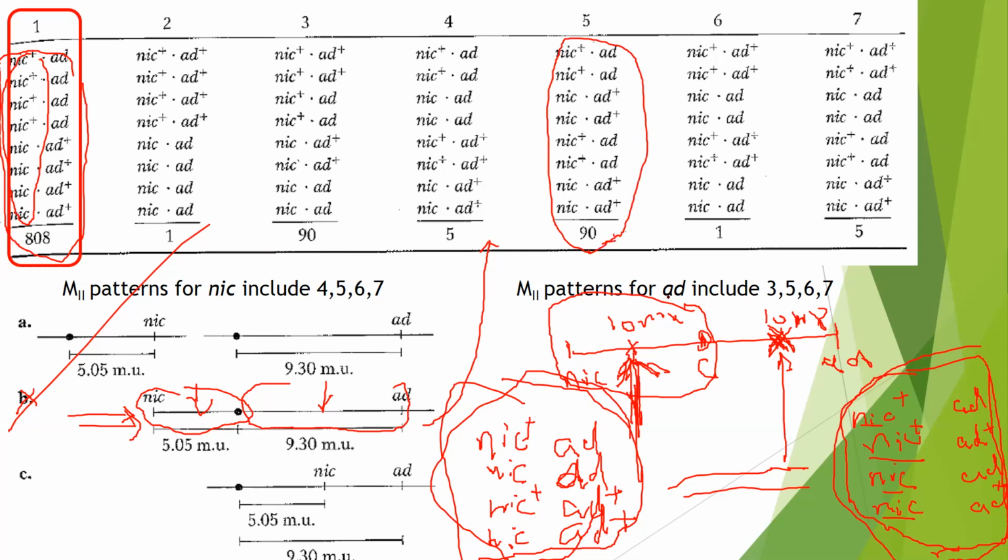I see. Because we do not see any of the other types, Nick plus AD, Nick plus AD plus, Nick and AD, and Nick AD plus, it means that B is impossible, because this result is from the assumption that B is correct.